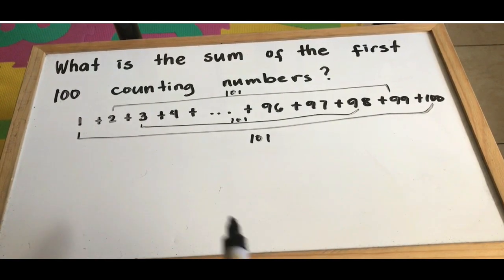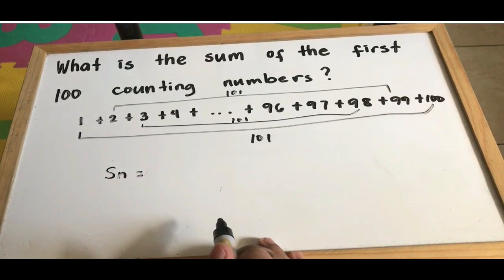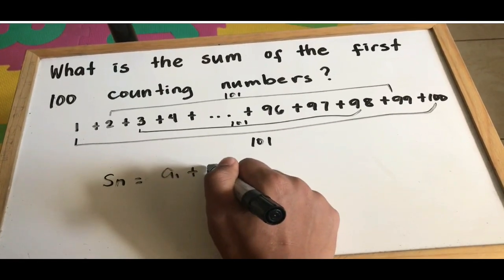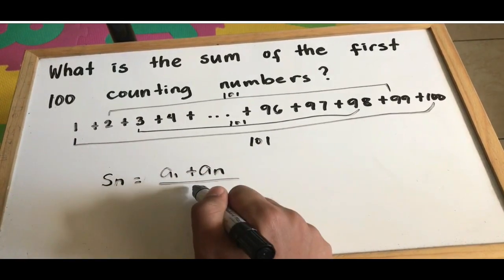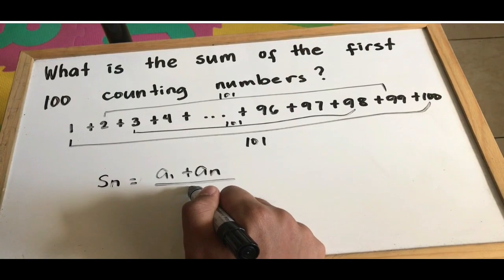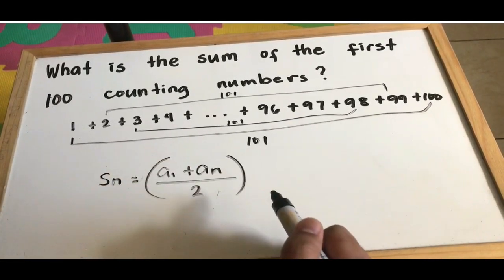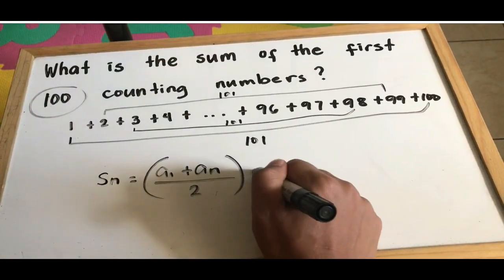So, dyan nanggaling yung formula natin na Sn is equal to the first term, let's say A1, plus the last term, An, divided by 2, times the number of terms. Ang number of terms natin dito ay 100. So, times 100.